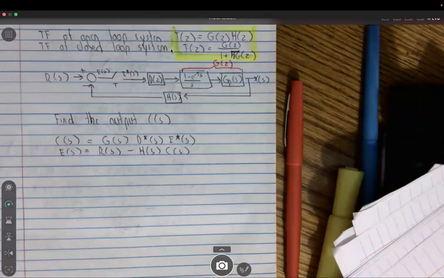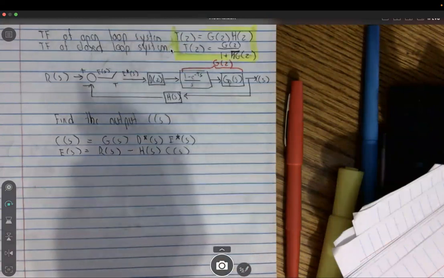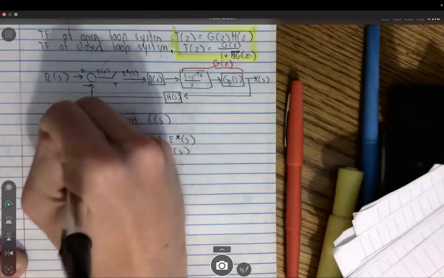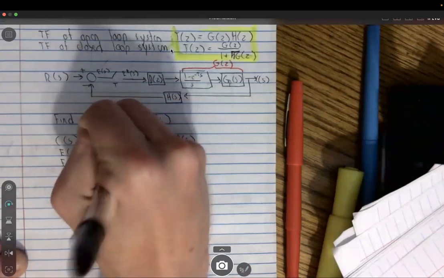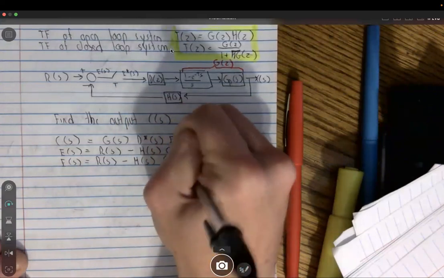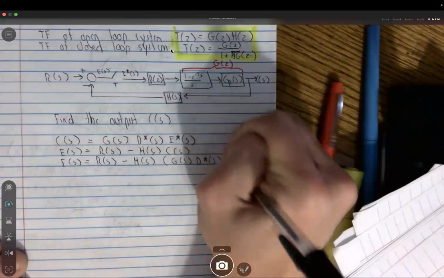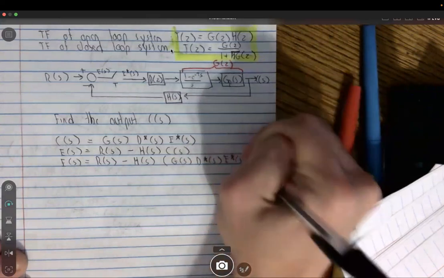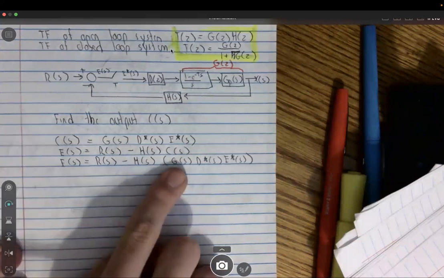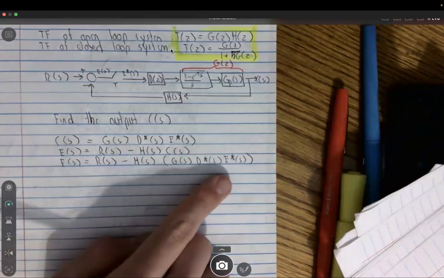We know specifically what our C of s is, so plugging that into our equation, we're going to see that E of s is going to equal R of s minus H of s multiplied all by G of s and then D star of s, then E star of s. Okay, so that's cool and everything. If we multiply that out, that'd just be H of s times G of s times D star of s times E star of s.